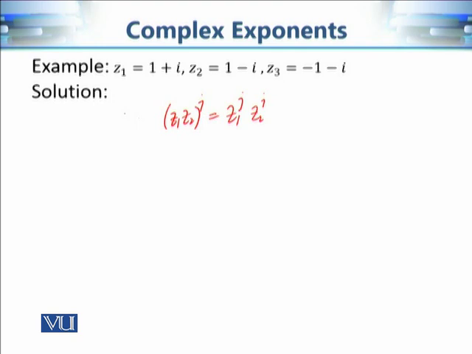I'm leaving this as an exercise for you, but we can easily see that z2 z3 raised to power iota is equal to e raised to power minus 2 pi times z2 raised to power iota z3 raised to power iota. So it does not hold in general. Of course, in some cases it holds and in some cases it does not, but in general this property does not hold.